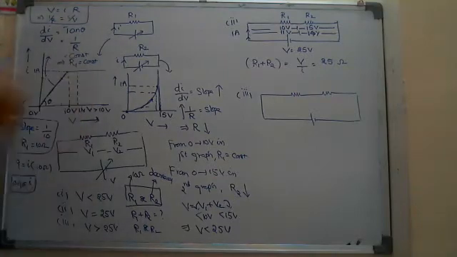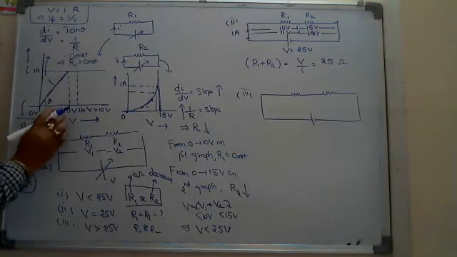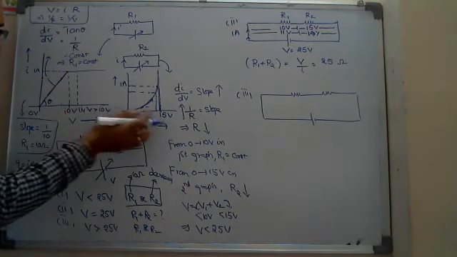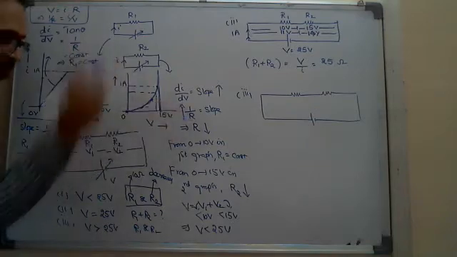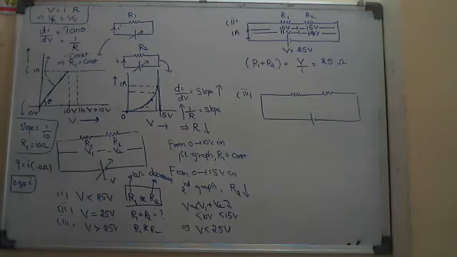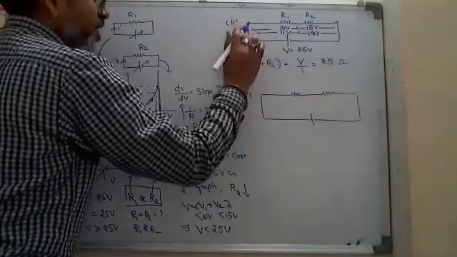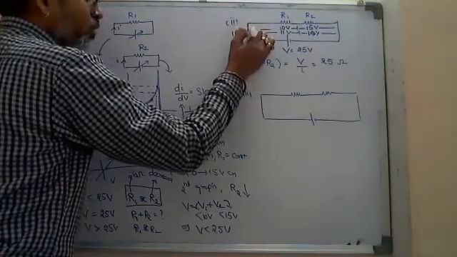That's why the problem is, if you consider it more than 10 or more than 15, both are not possible from the given graph. Why? Since they are in series, the same current should flow through the two resistors.